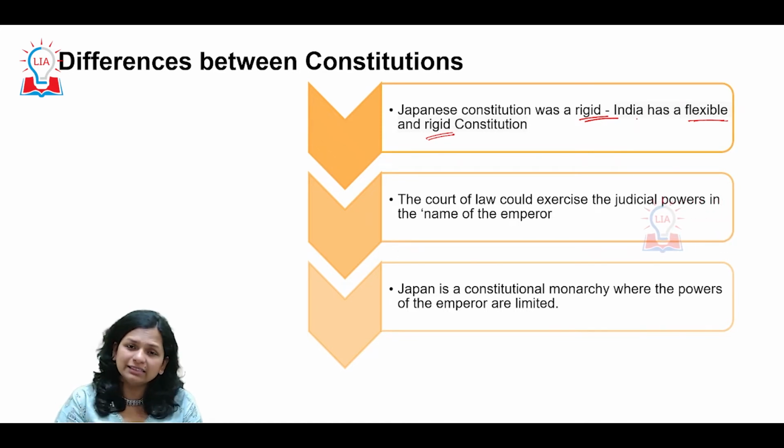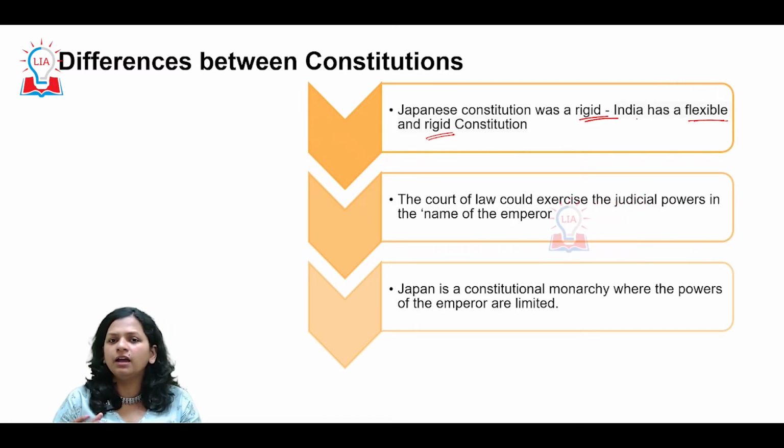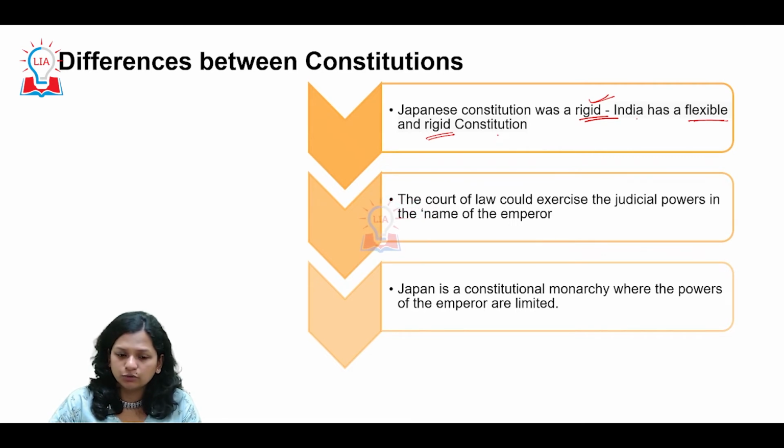So in that sense, it's of course rigid, but there are several features which are quite flexible in terms of their amendment, which is why we've had 100 plus amendments since independence. So in that sense, the Japanese constitution is much more rigid as compared to the Indian constitution.